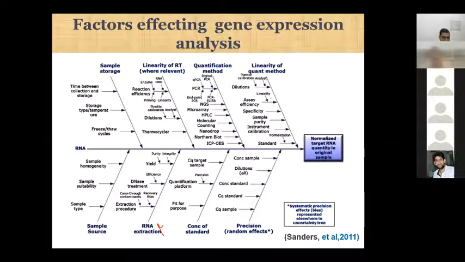Each and every factor influences your result ultimately. So always keep in mind that you do not change anything for the whole process, not one different thermal cycler or different type of chemicals, because chemicals also create variations, intra-assay variations, and variation due to the chemicals.